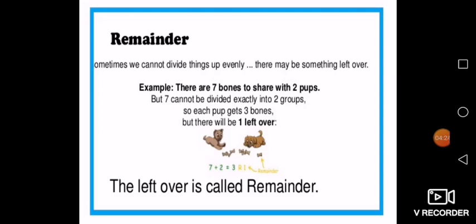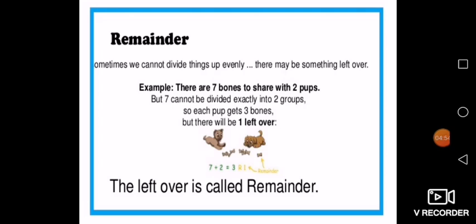So 2 threes are 6. Each pup will get 3 bones. But there will be one left over. The leftover is called the remainder, the number which is left over in the division problem.